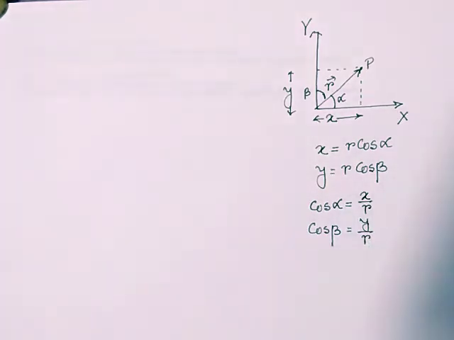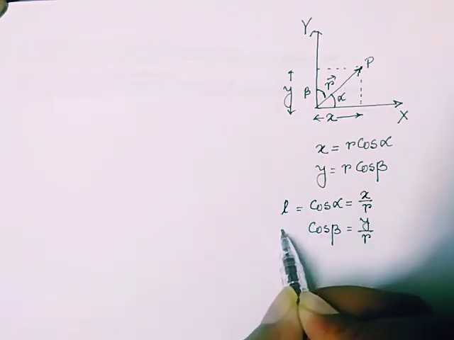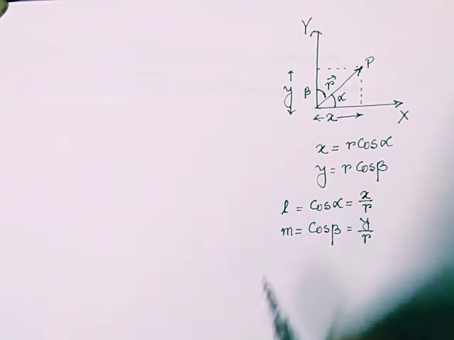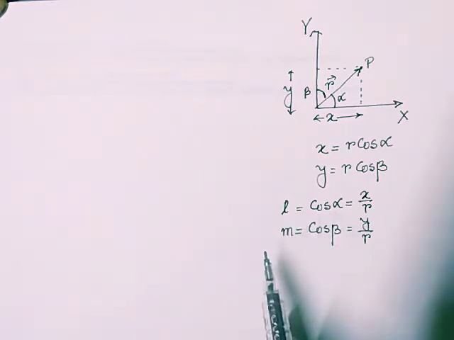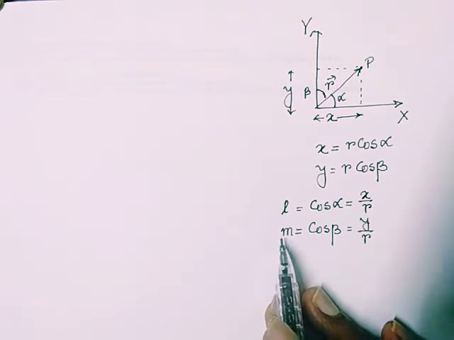This gives us the two angles, and these are called the direction cosines. The direction cosine along the x-axis is denoted by L, and the direction cosine along the y-axis is denoted by M.